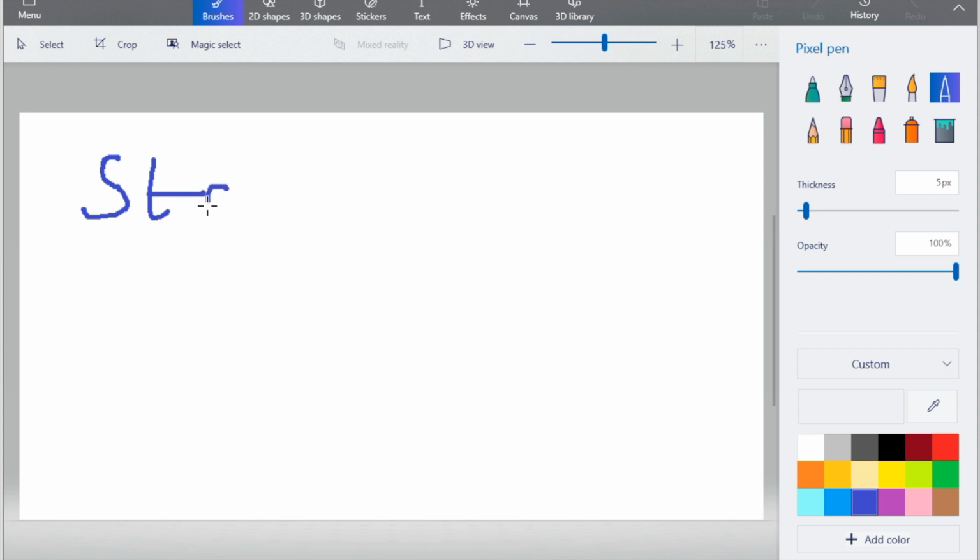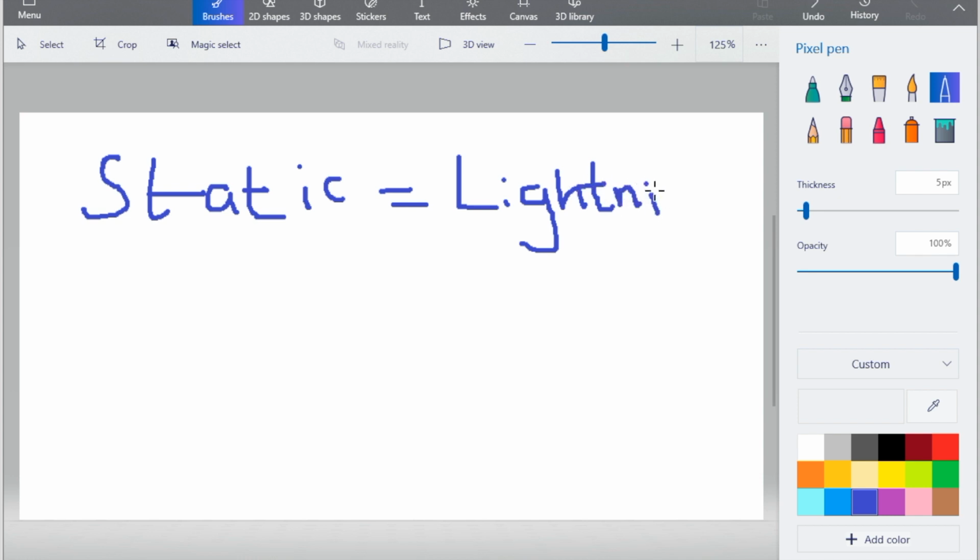So what's an example of static electricity? Give me an example of that. Well, that's going to be your lightning. So lightning is an example of static electricity. Then we have moving electricity.